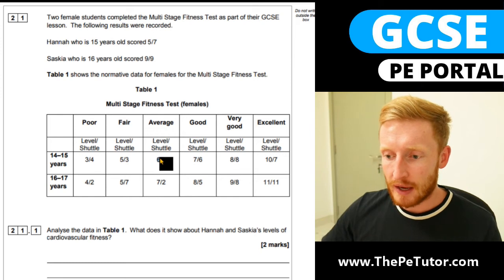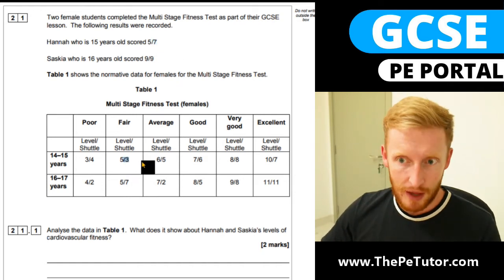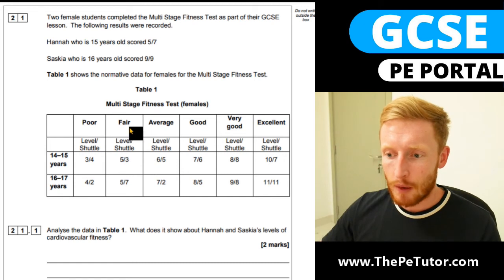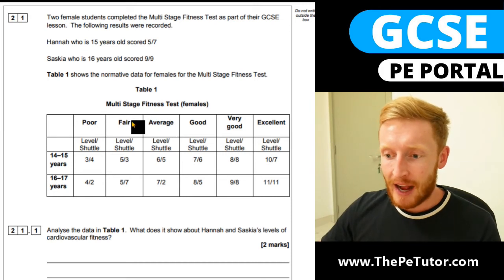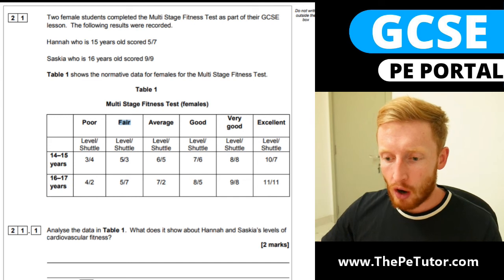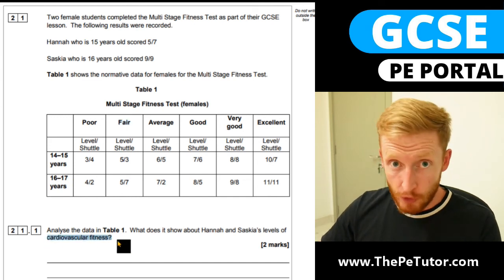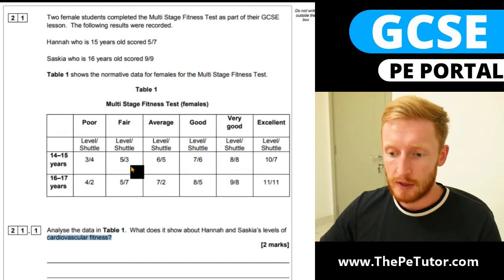So it must be within level 5. Within level 5 she got to the 7th shuttle, which is greater than the 3rd shuttle, so she was somewhere between fair and average, but because she hasn't made it to the average category, we would say that Hannah has a fair score of cardiovascular fitness, referring to the component of fitness that this data tells us about.